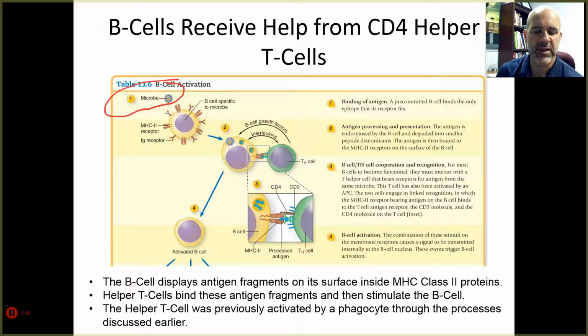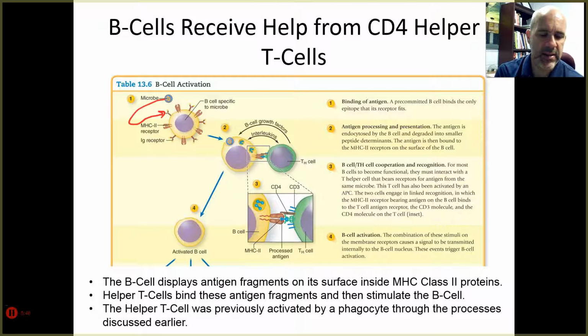Anywhere, those are the places where B cells tend to encounter these microorganisms. And so that microbe is going to wind up, if the receptors on the B cell attach to one of its antigen molecules, those two will come together.